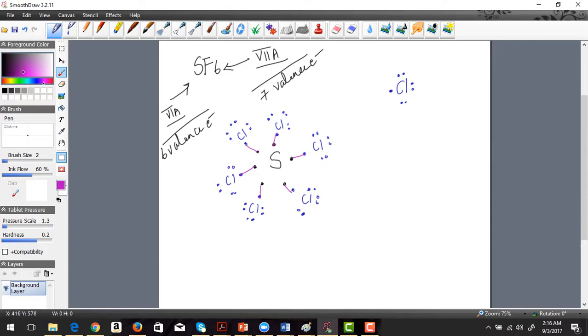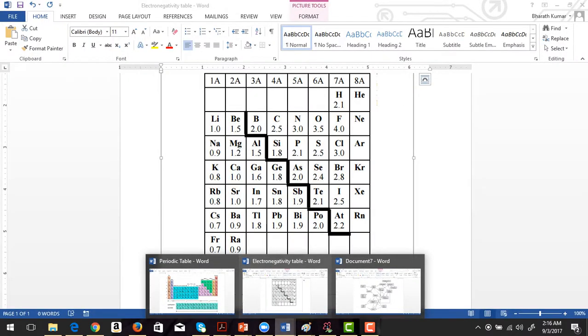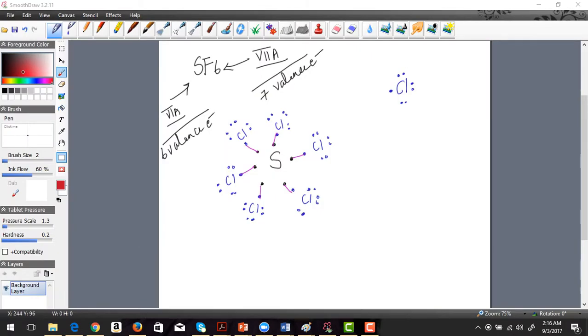Very good. Now, I don't need to tell you that sulfur is definitely less electronegative than chlorine. Let's double check that anyway, and I was right. Sulfur is 2.5, chlorine is 3.0. So this is the way the arrow is going to go for all of them, and you can tell it's like a starfish.